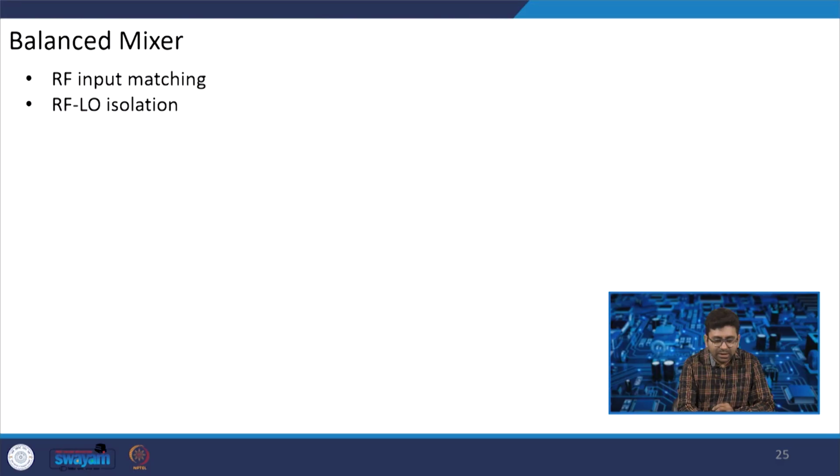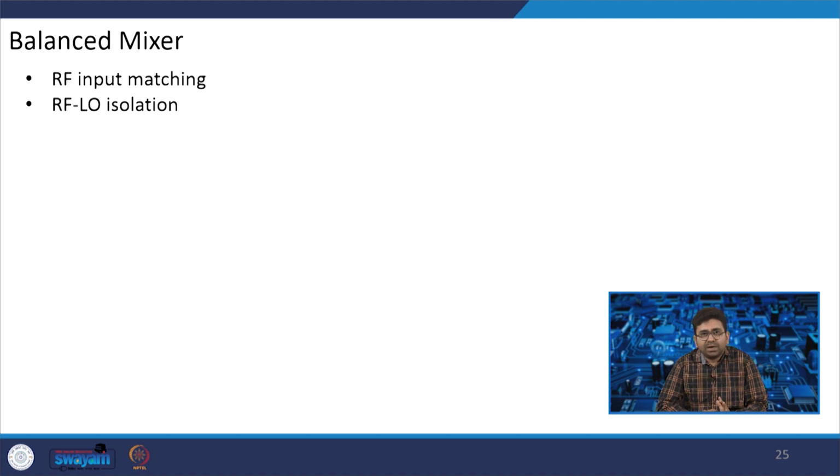So, here the first is a balanced mixer, which offers RF input matching and RF to LO isolation. So, what do we mean by balanced? Balanced means that if your RF is differential, that means the RF has a 0 and 180-degree phase shift, then it is a balanced mixer.